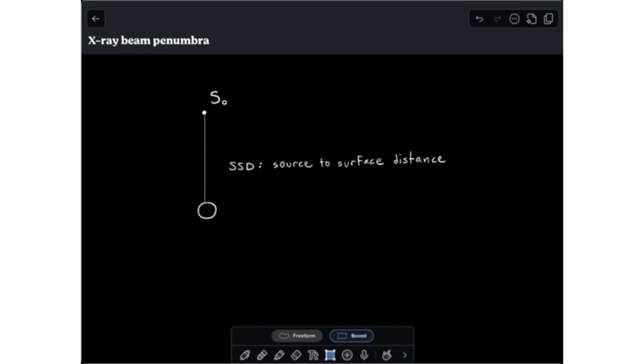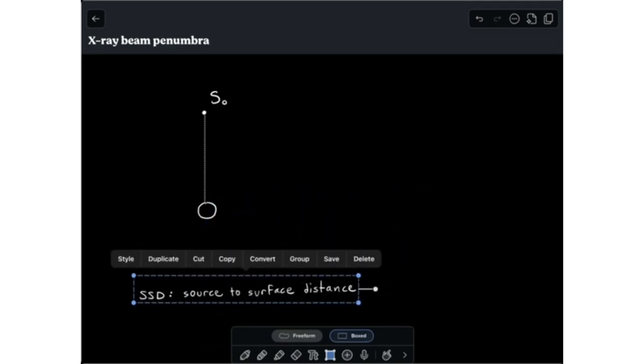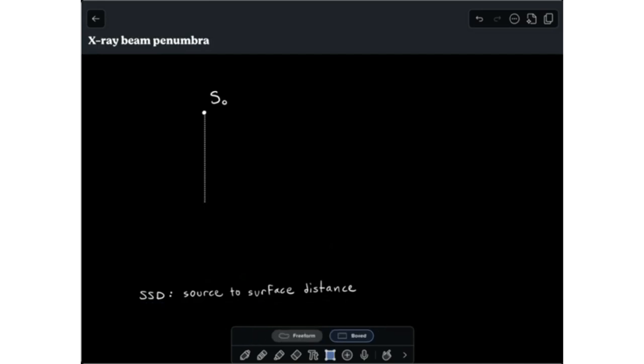It'll be a little clearer how SSD affects the beam penumbra if I redraw this phantom as a straight line. Our isotropic emitter is hitting each point on this line, but the intensity decreases as we get farther away from the central axis because the distances to those points are greater.